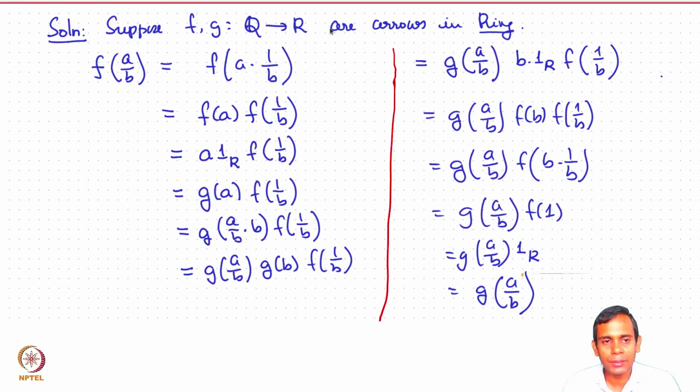And so now automatically this means that J is an epimorphism.